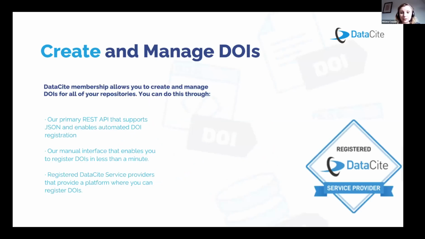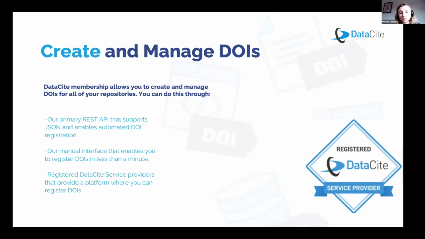So there are 3 ways in which institutions can register DOIs. So one option is to have an integration with our API to automate DOI registration. So that requires some time at the start, but then it really simplifies DOI registration.